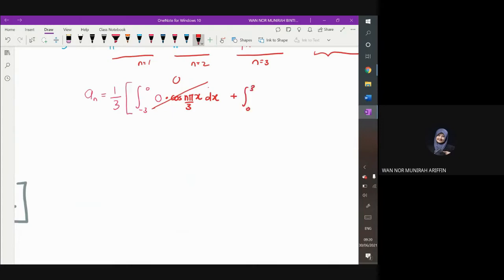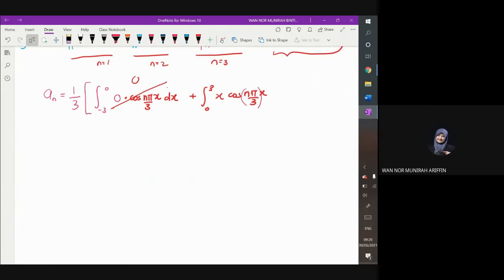Then don't forget to add from 0 to 3, you have x times cos(n pi x over 3) dx. Next to x, I like to put it in brackets because this is our constant.